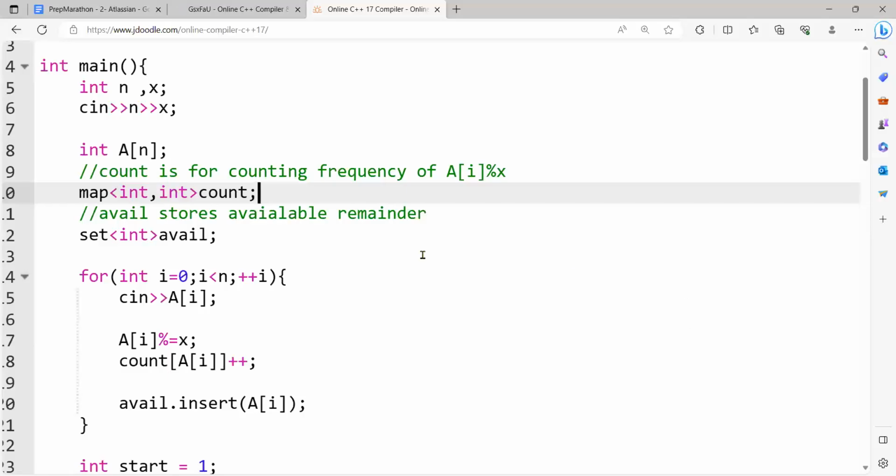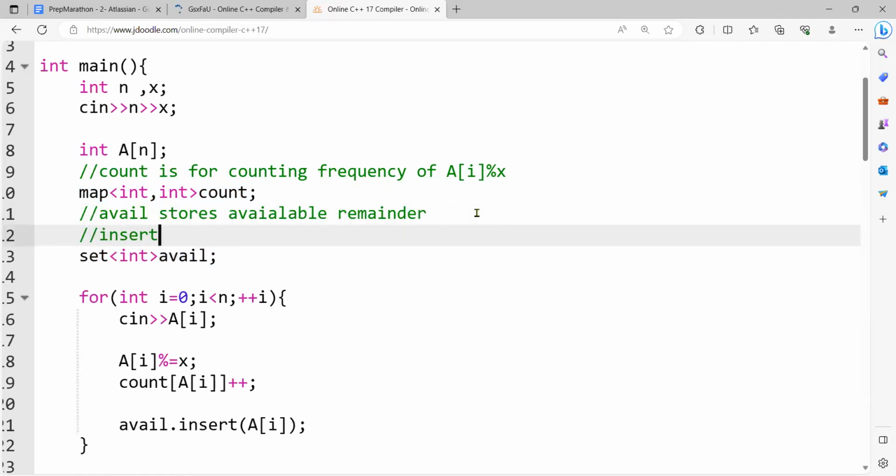Now, is it clear what count is doing? Count will store the frequency of the basic values, the modulo values, like the values that we get after doing A[i] mod X. What is this set doing here? Set is a data structure which is used for storing unique values. Why do we use set?